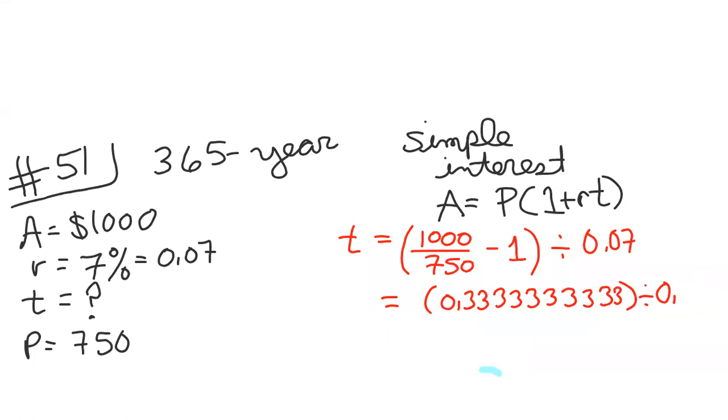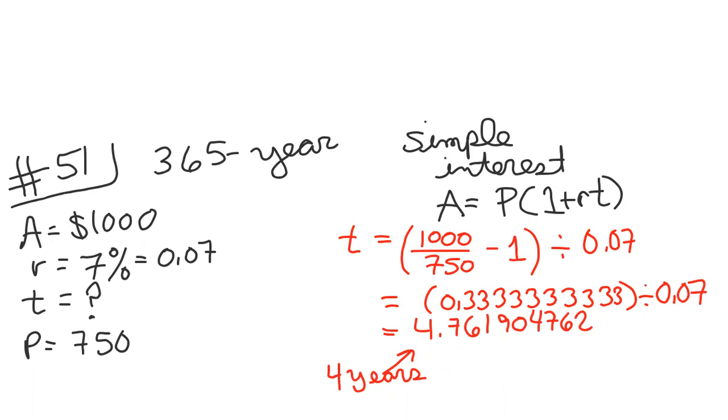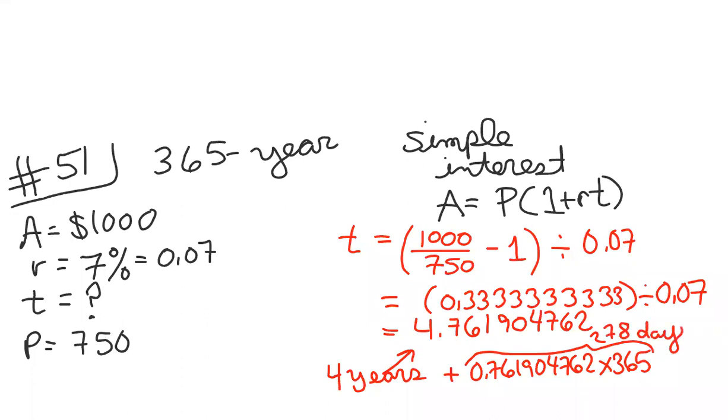I think I started mixing things there, right? We have 4 years plus 0.7619 04762 times 365, which amounts to 278 days.